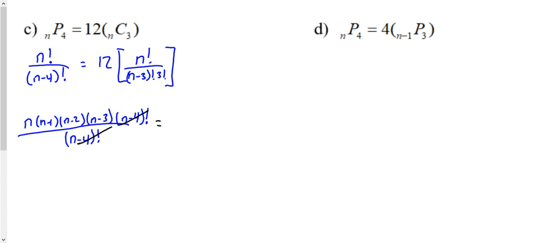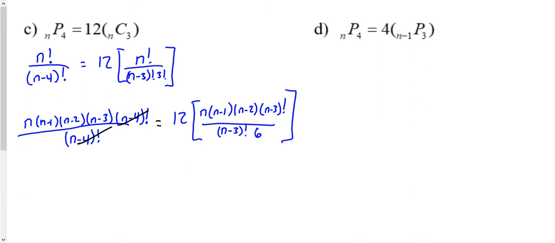That's equal to, we still have the 12 on the outside. Then on the inside we have n multiplied by n minus 1, n minus 2, and of course n minus 3 factorial, and that's where we were going to stop, over n minus 3 factorial. And 3 factorial down here by itself is just 3 times 2, which is just 6 there.